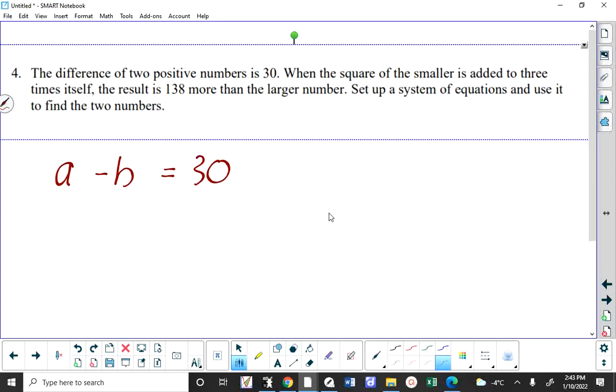I will explain how come in a minute. Okay? So I'm just using a and b. By the way, if a minus b is 30, a is the larger, isn't it? The bigger minus the smaller gives you 30. B is the smaller.